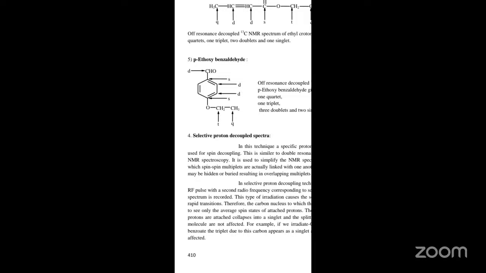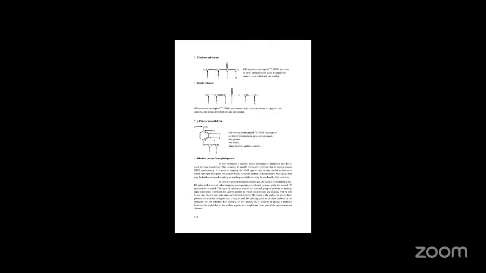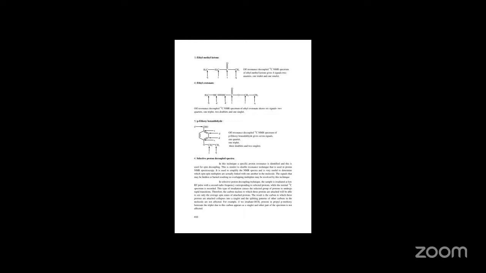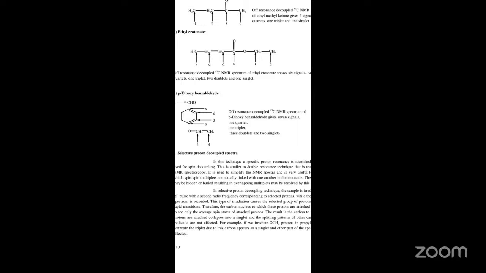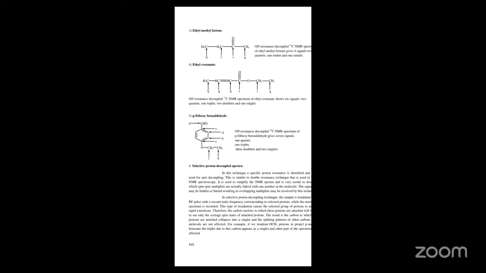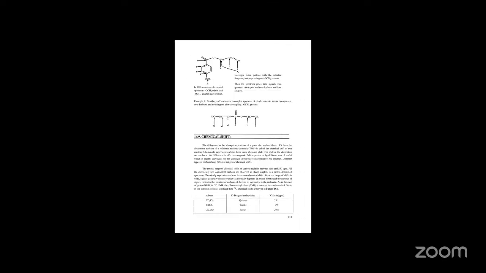Next, selective proton decoupled spectra here. Generally the selective decoupled spectrum is applied when the spectrum is very complex. So for better resolution, generally we go with this selective proton decoupled spectra. In this method, we double irradiate a particular group of carbon.